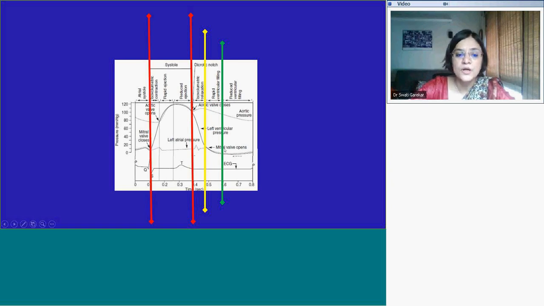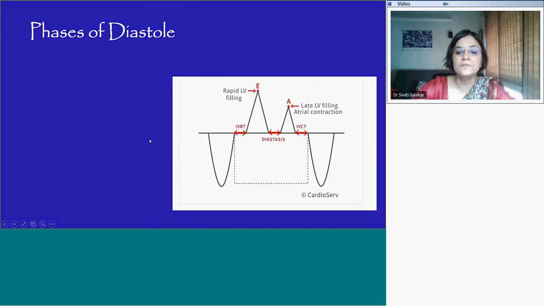Then diastasis starts after the pressures have equalized, and last is atrial systole. At the end of atrial systole is this red bar.